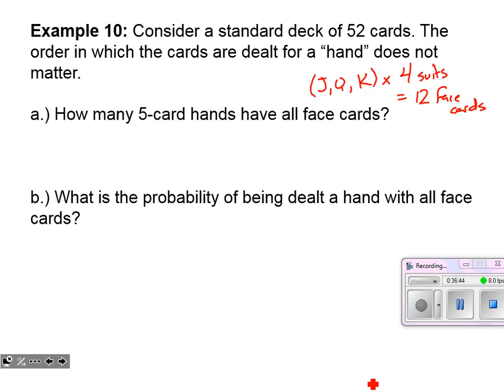Okay, so if we have this whole deck of cards laid out in front of us and we just reach in and grab 5 cards at random, how many ways can I choose 5 of just those 12 face cards? It's just asking how many ways. So if we do 12 choose 5, we could use our factorial definition.